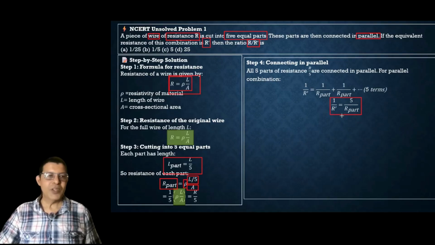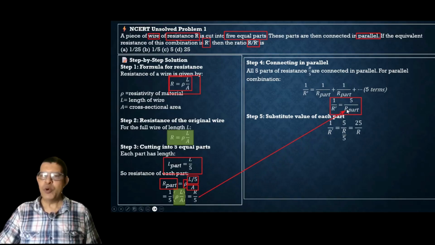Now R part is already known. R part is R by 5. So we can put this R by 5 into R part. This is what we got.